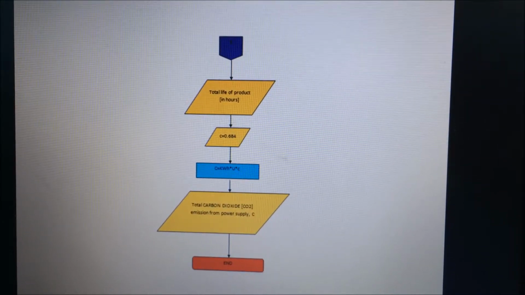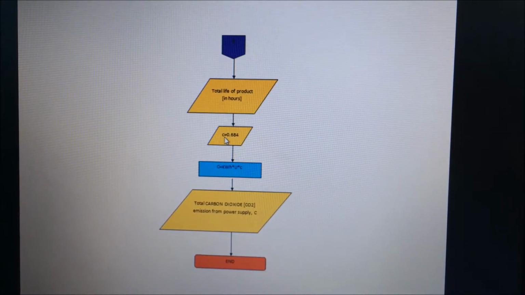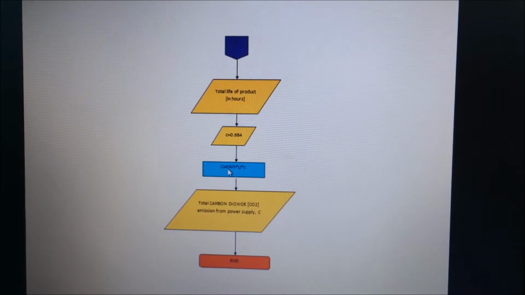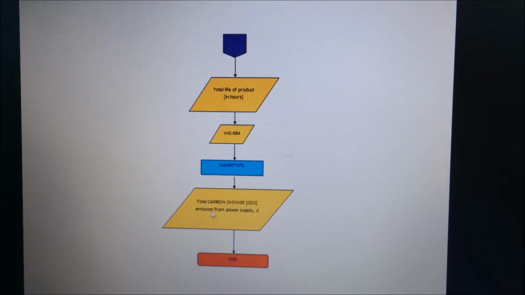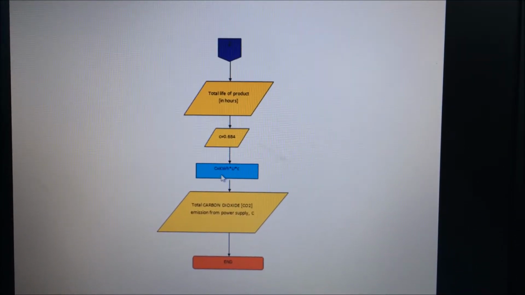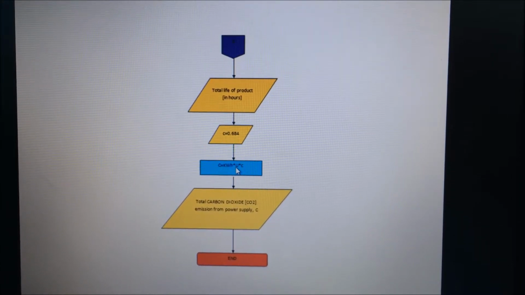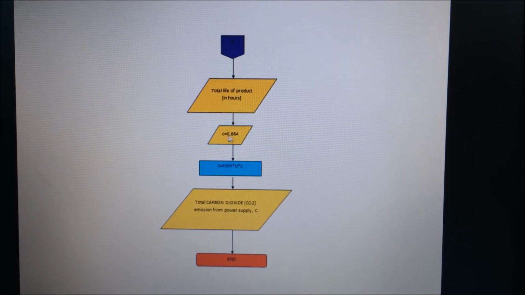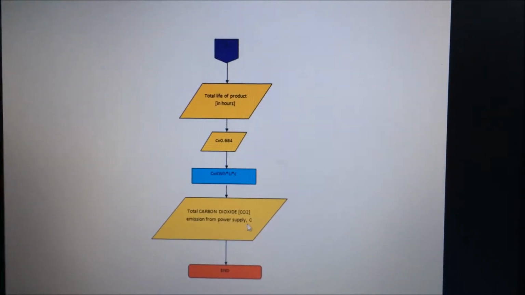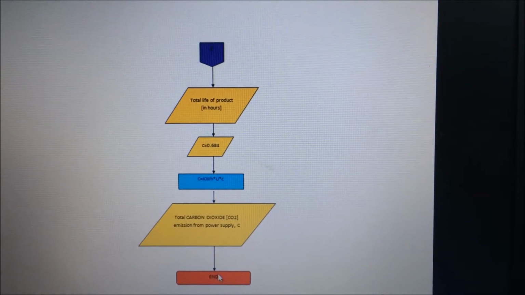Then we get the total life of product in hours, and then display C, which is 0.684, and then we calculate the carbon dioxide emission from the power supply by using this formula. T equals to kWh, kilowatt, times total life of product times C, which is 0.684, and then we can calculate the amount of carbon dioxide, and then display and end.